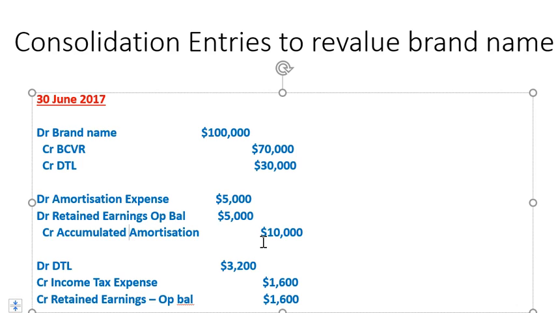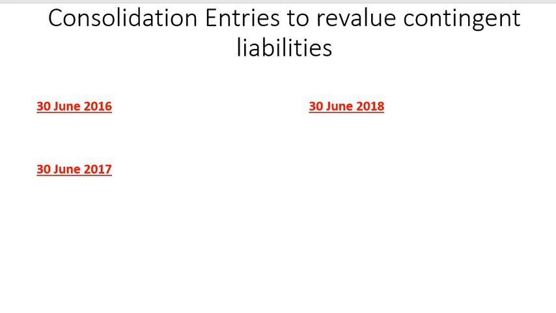So if we were to sell that brand name at this point in time, the gain would be $90,000, and so a 30% tax on that gain of $90,000 would come to $27,000, which is the balance when you take the debit of the $3,200 away from the credit of $30,000 of the deferred tax liability. Okay, so now we're going to look at revaluing the contingent liabilities.